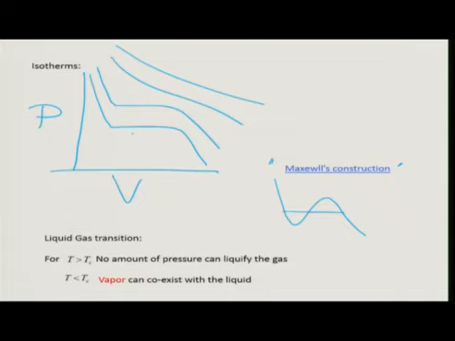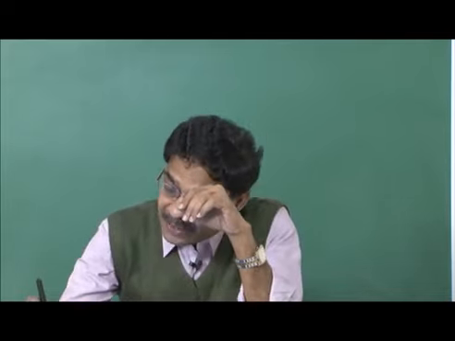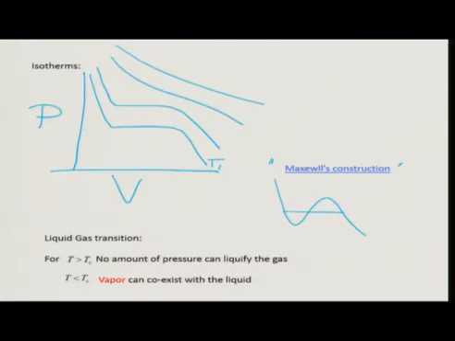What I said here, there are different temperatures T1, T2, Tc let us say, and this is T3 which is greater than Tc. Temperature is increasing, so T2 is greater than T1, Tc is greater than T2 and so on.